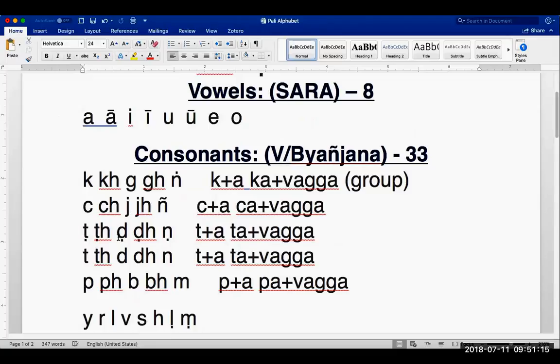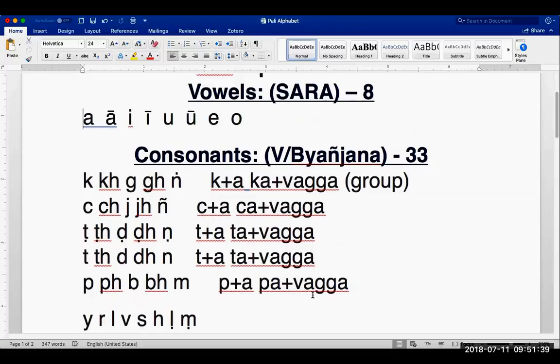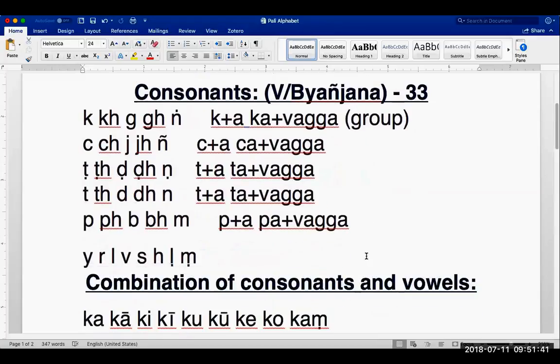Ta, Th, Da, Dh, N. Ta, Th, Da, Dh, N. Pa, Ph, Ba, Bh, M. Ya, R, L, V, S, H, L, Ng. Okay, this is the whole Pali alphabet.